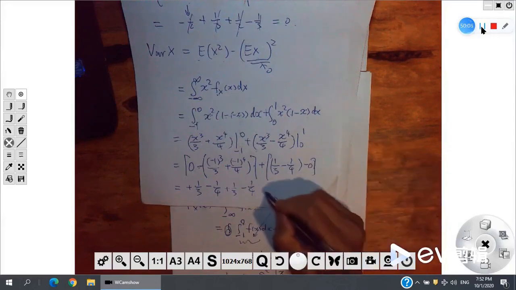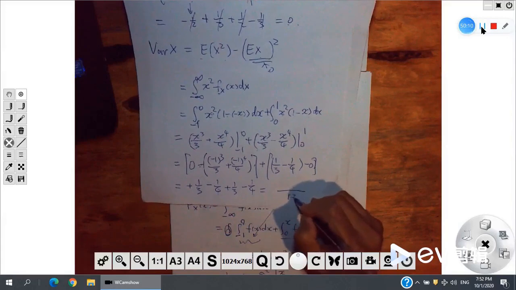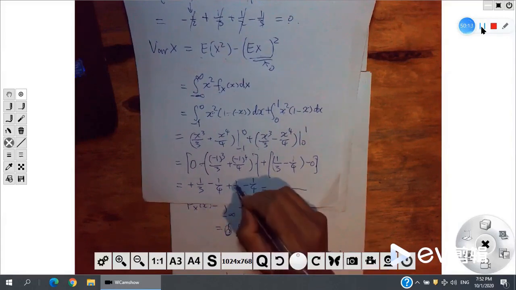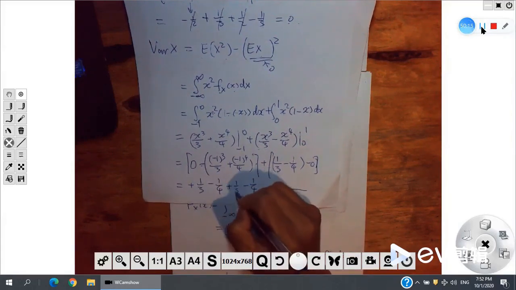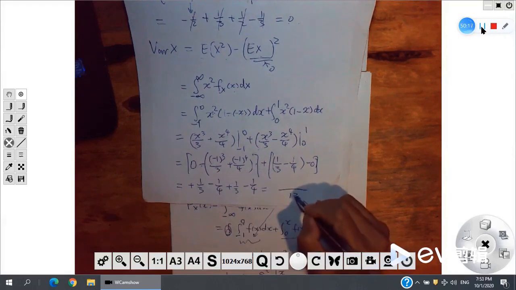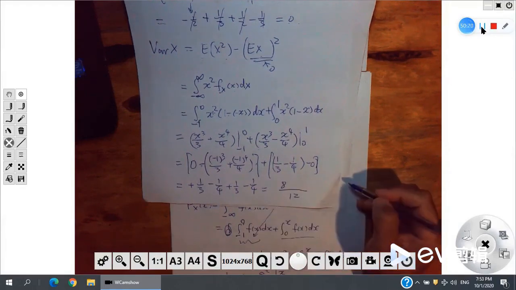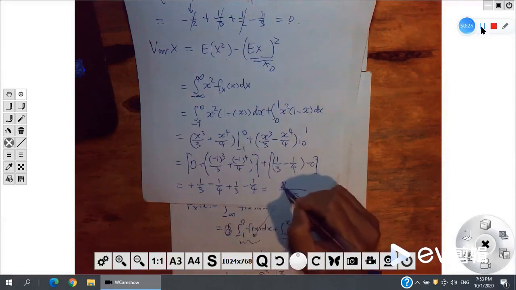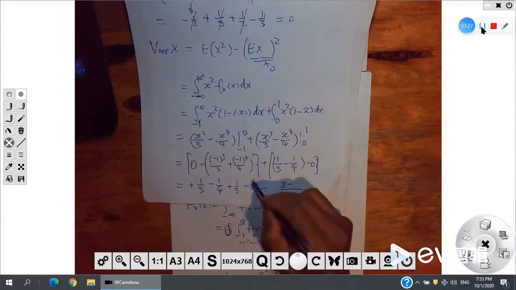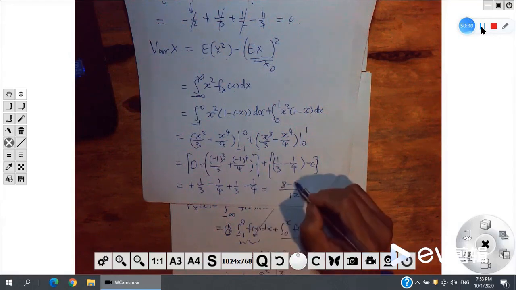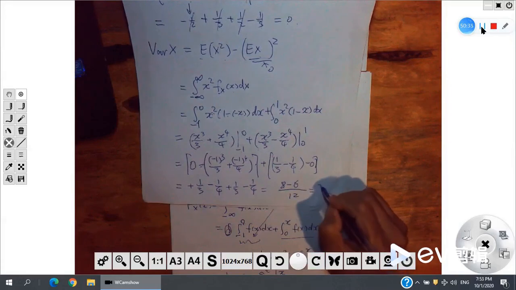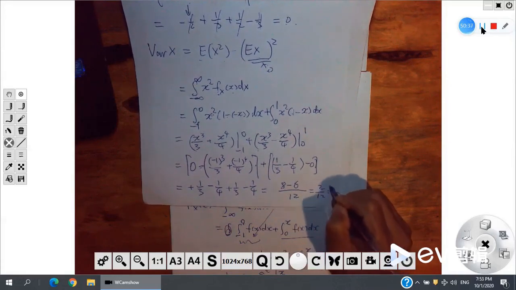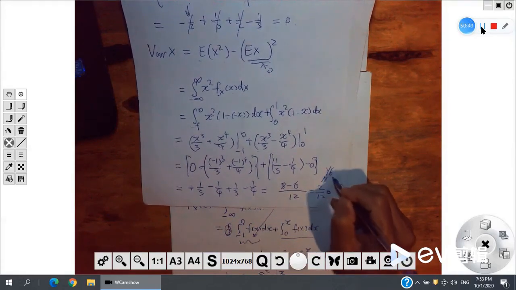I use 12 as the denominator, and this is 1, this is 1, so there are 2/3. 2/3 is 8 of 12. And minus, this is also 2/4, which is 6 of 12. So I have 2 over 12, which is 1/6. 1/6. Alright, so this is the variance.